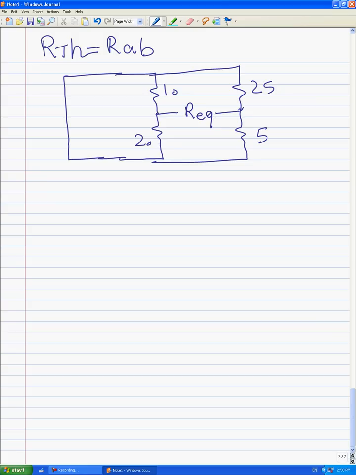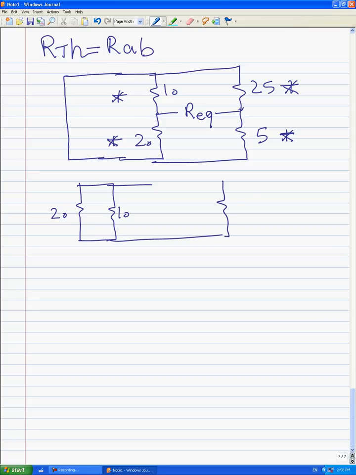Immediately you can see that this 10 ohms and this 20 ohms are parallel, and this 25 ohms and this 5 ohms again are parallel, and the totals should be in series together like this. We have 20 here, 10 here, and 25 here, and 5 here.